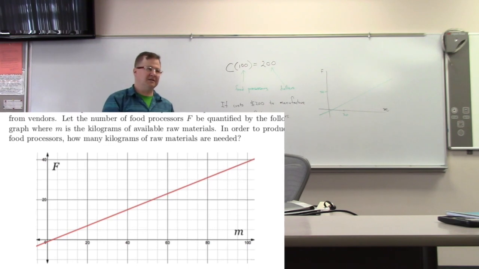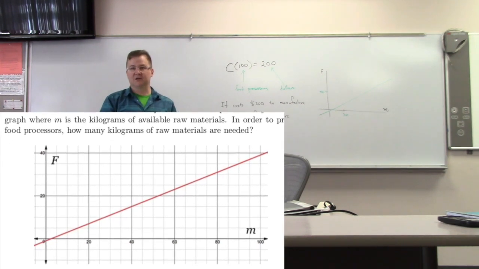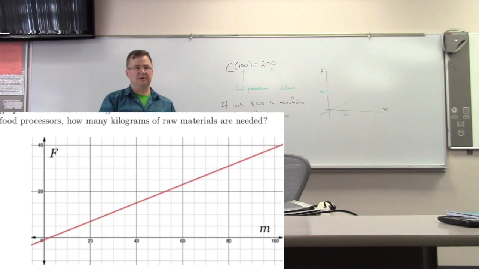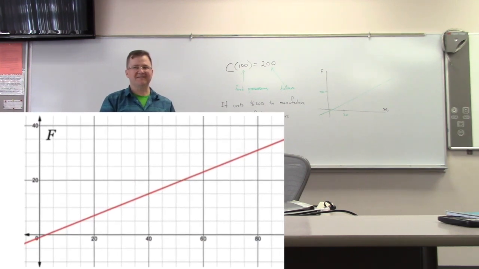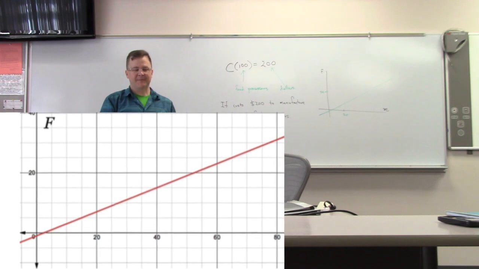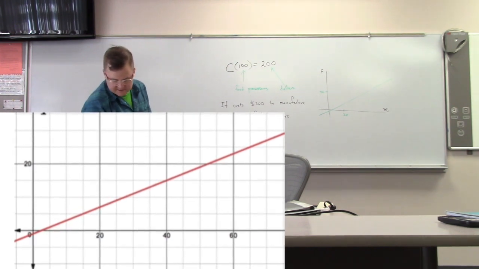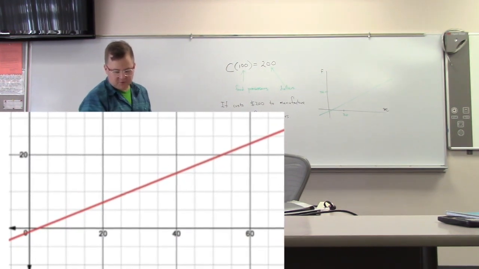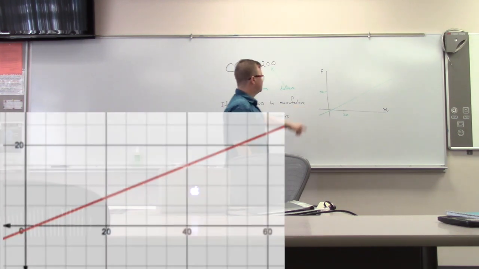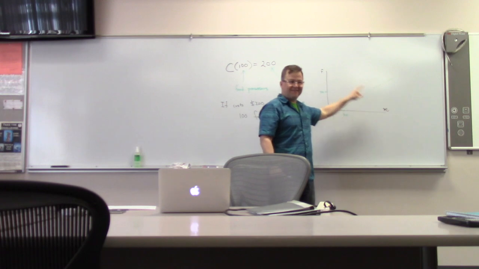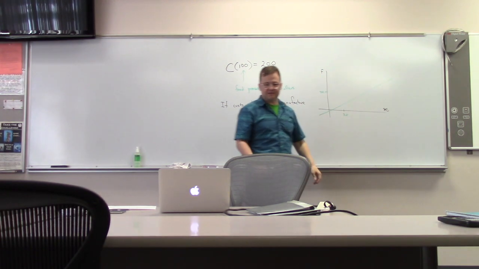If you're not paying attention to the units, if you're not paying attention to the context, it's not going to be clear which 20 is the one you're interested in. But since I did specify that we're going to produce 20 food processors, you've got to think which one represents food processors, f or m? Yeah, f represents the number of food processors.